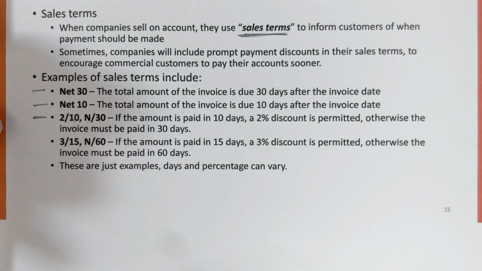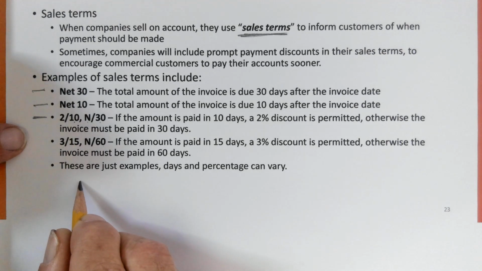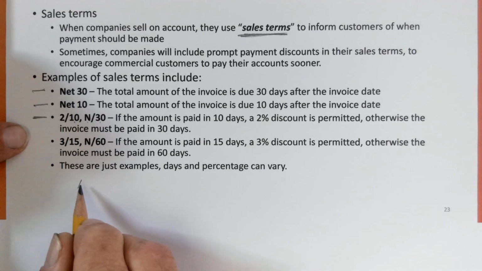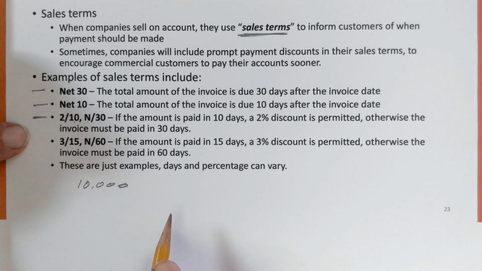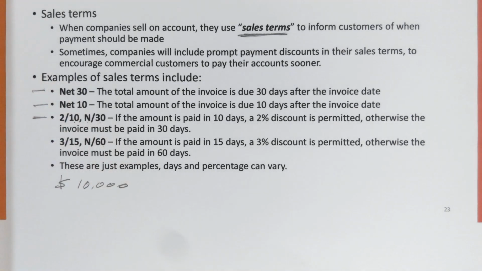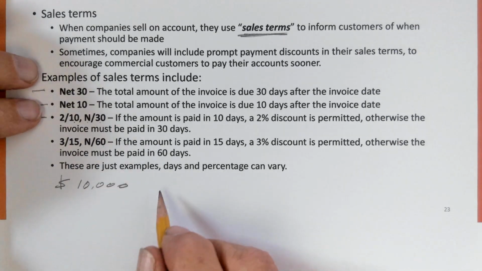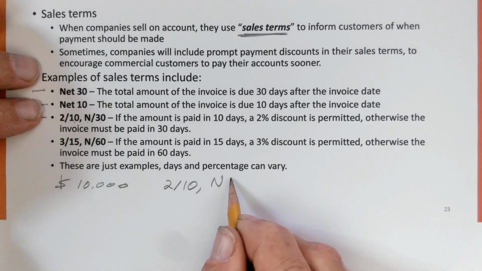Let's say that we've got a $10,000 sale, and we're wondering if our customer will take us up on our terms of 2/10, net 30.